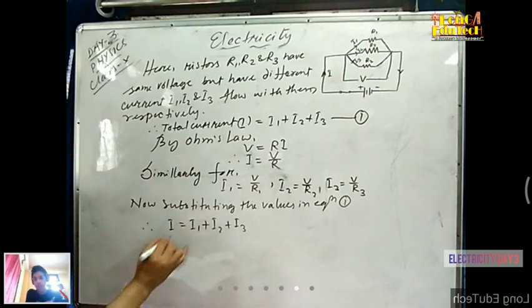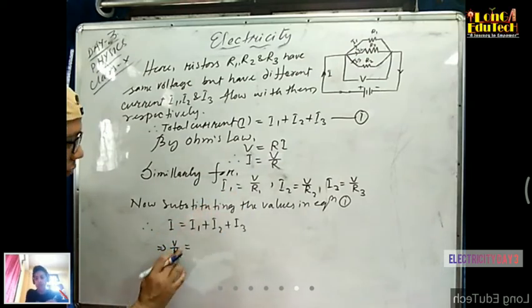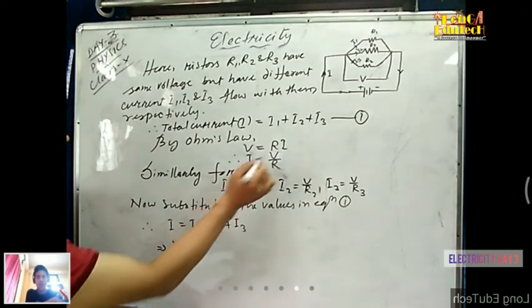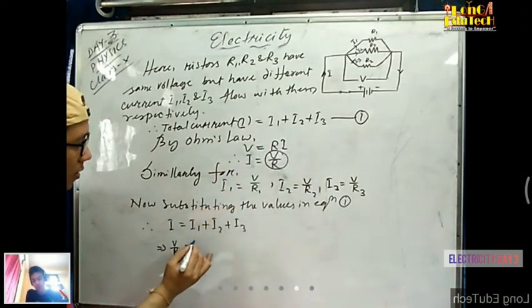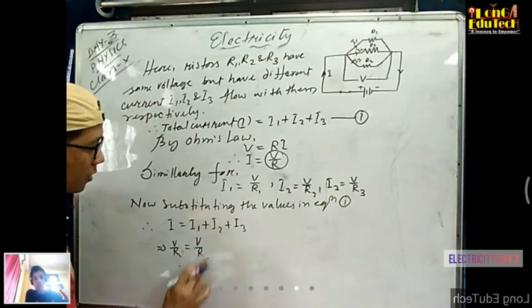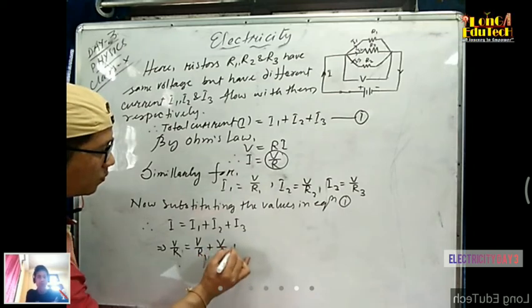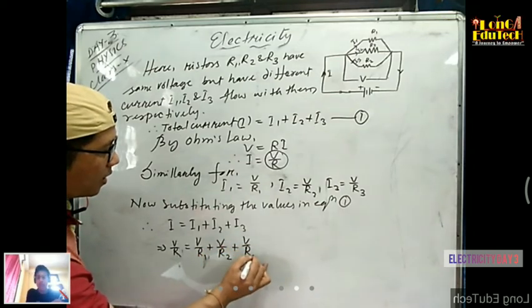Then for I we put V by R, which is equal to V by R1 plus V by R2 plus V by R3.